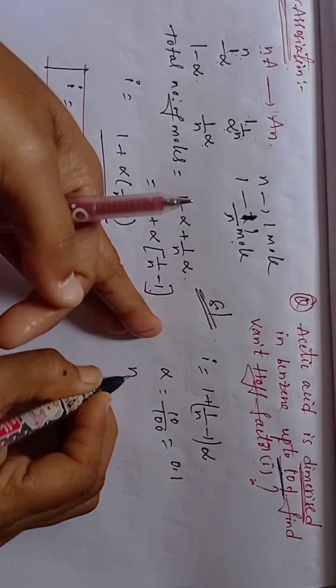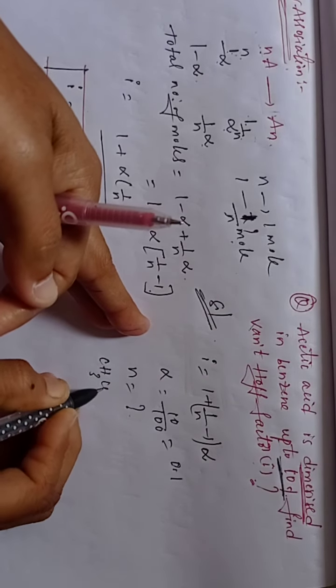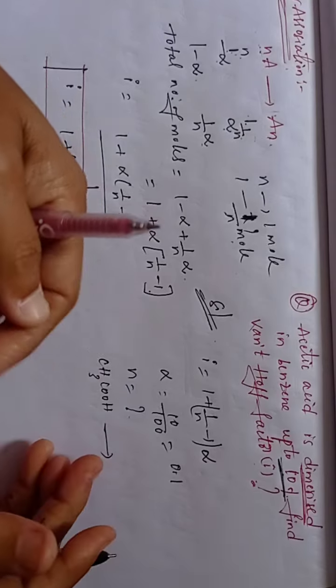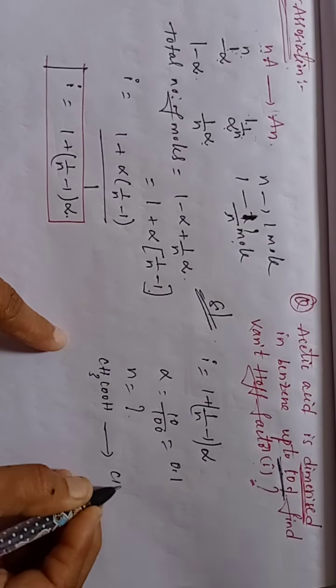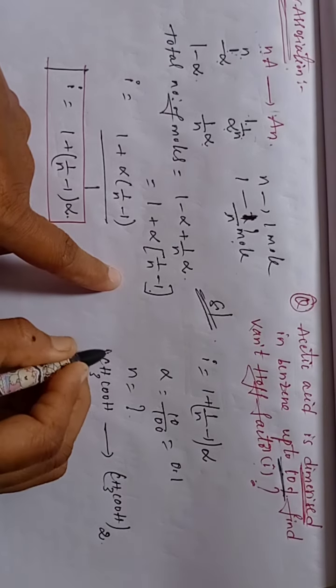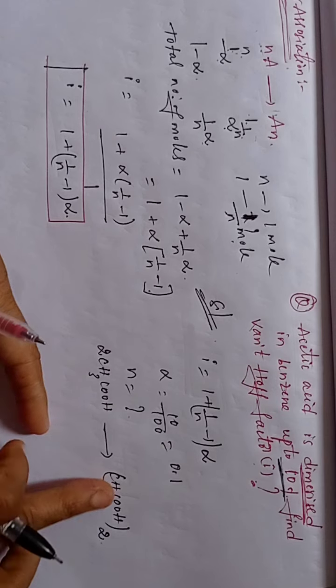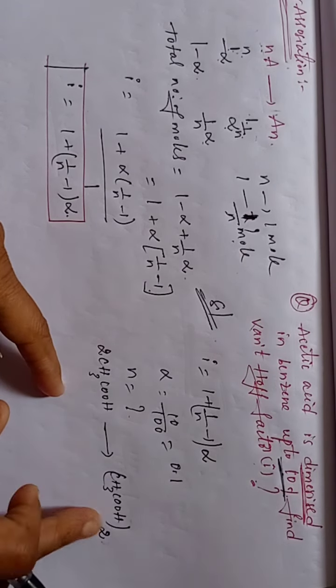And next, the n value, how to find it, students? For acetic acid, CH3COOH, it undergoes association, that is, it produces the dimer. Dimerized means what, students? 2 moles. CH3COOH produces a dimer. Are you following? Take 2 moles here. Understood? CH3COOH twice. Clear? 2 molecules form the dimer.